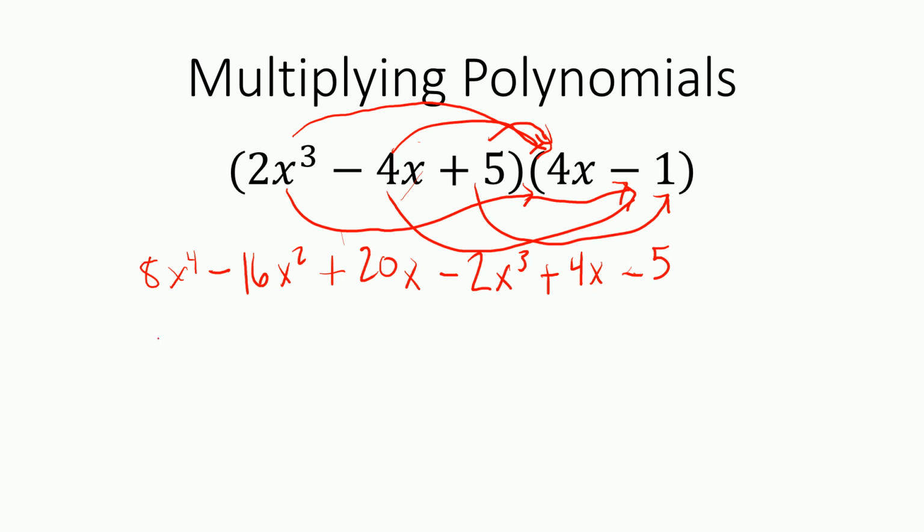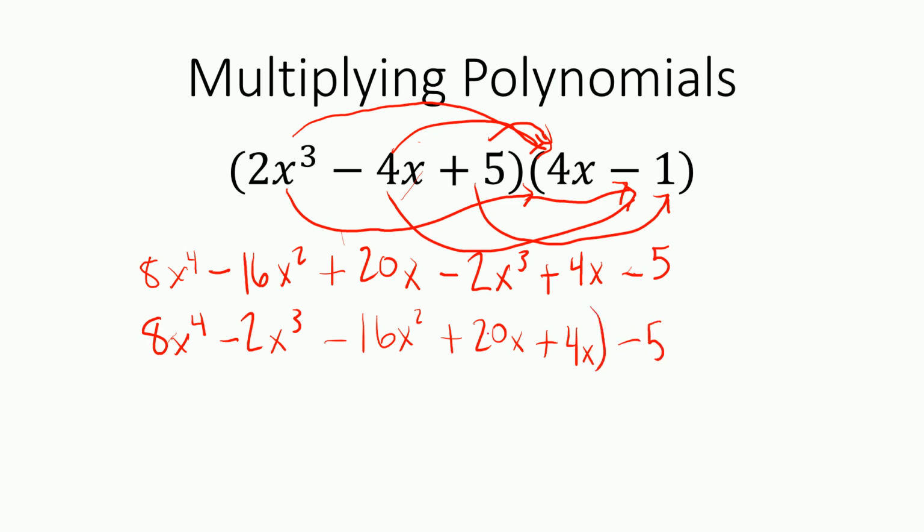Then we rearrange this in order of powers. So 8x to the fourth gets to stay in front, but because of the commutative property, we can rewrite this. And so then next comes the x squared term. Now I notice I have two x terms.